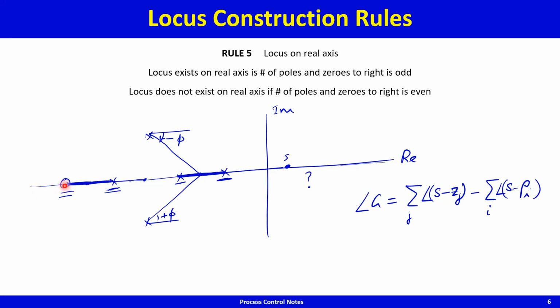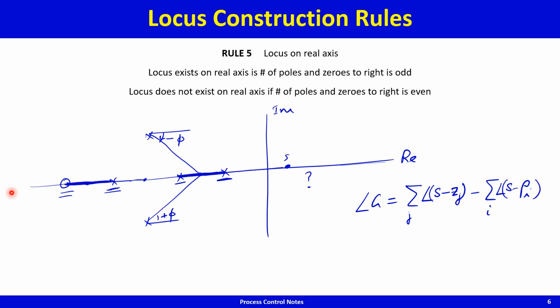And if you come over here, the number of critical points is 1, 2, 3, 4, that's even, so locus does not exist on this part. Okay, so locus exists on the real axis if the number of critical points, being open loop transfer function poles and zeros, to the right are odd.